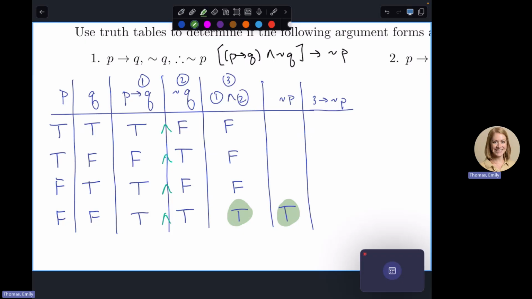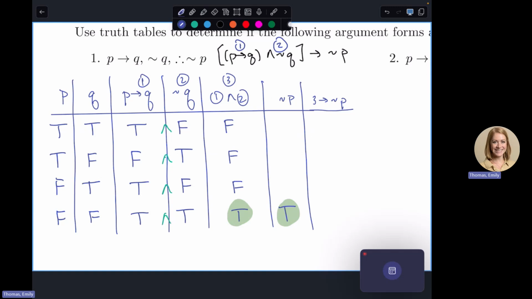Right. It's just the premises themselves. So this is premise 1 and this is premise 2. So you're looking at specifically those 2 columns or however many there are. There could be many more premises.